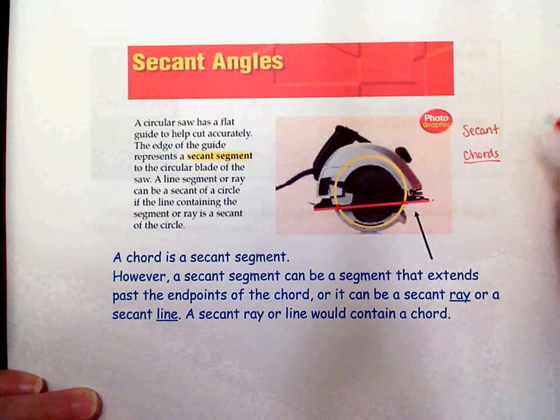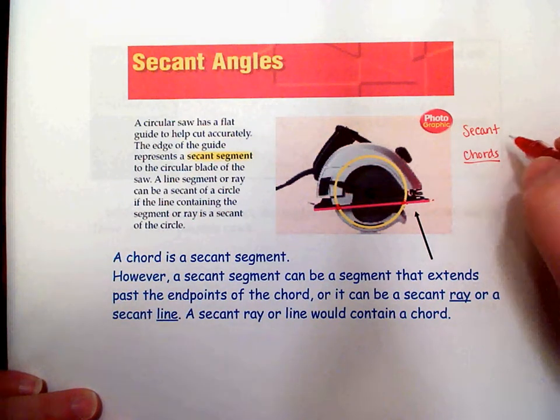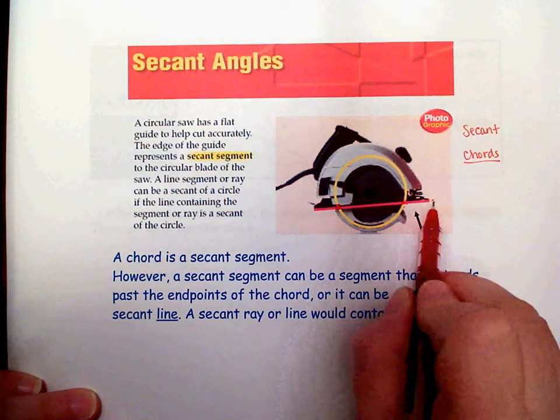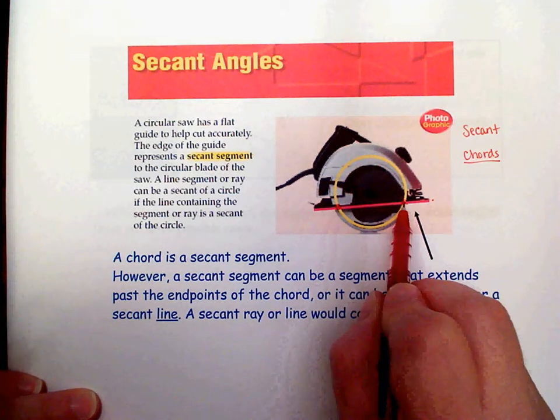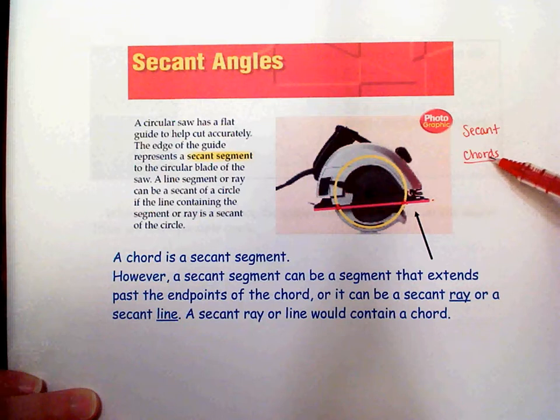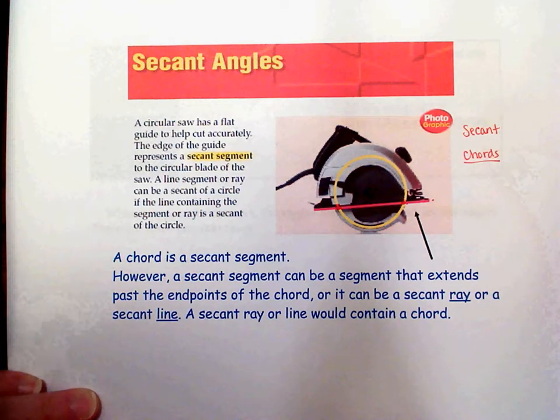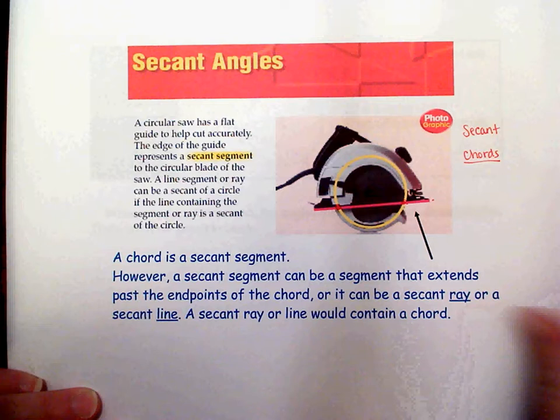To be a secant, it just has to contain 2 points on the circle. So this segment is a secant because it contains 2 points on the circle. So again, all chords are secants because they contain 2 points on the circle, but not all secants are chords because not all secants begin and end on the circle. They can extend past the circle.